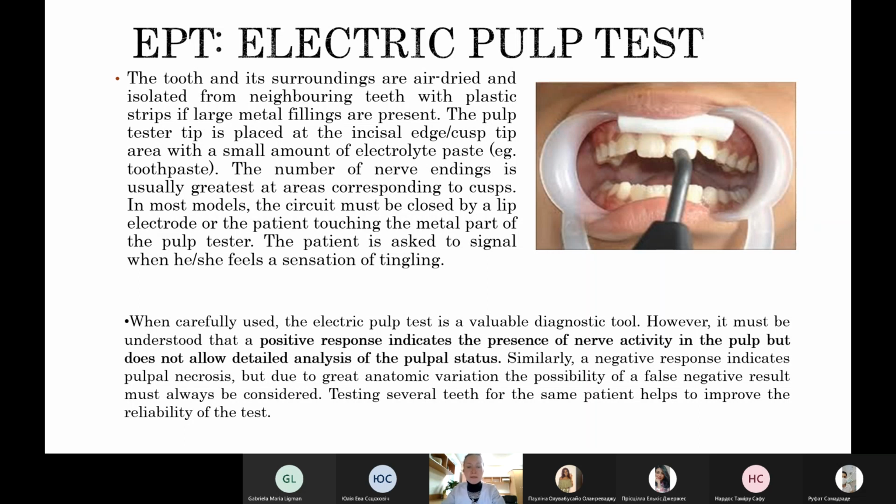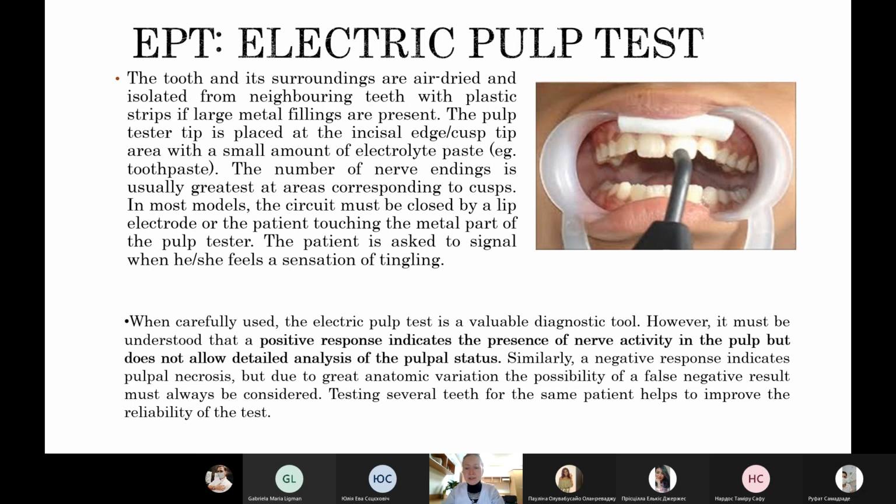In most models, the circuit must be closed by a lip electrode of the patient touching the metal part of the pulp tester. The patient is asked to signal when he or she feels a sensation of tingling. The patient should be warned that whenever he or she feels some pain sensation, they should signal to the doctor and stimulation should be stopped.